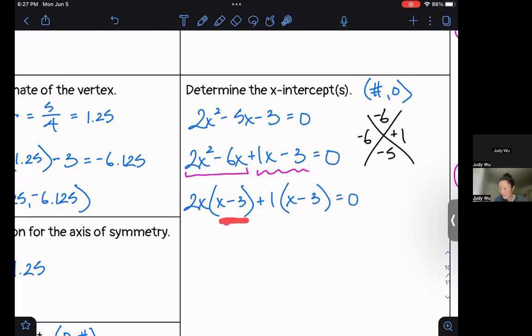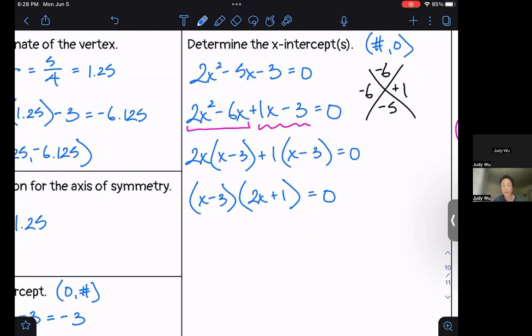I'm so glad that x minus 3 and x minus 3 are both the same here. That means that I did the factoring correctly. And now I can take that x minus 3, pull it out to the front, and I'm left with 2x plus 1 equals 0.